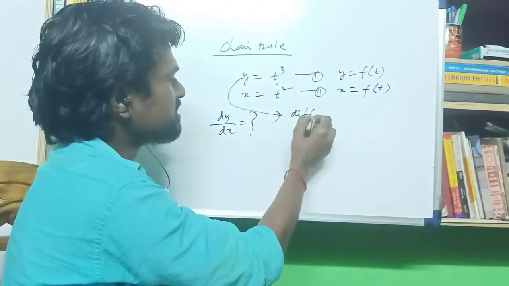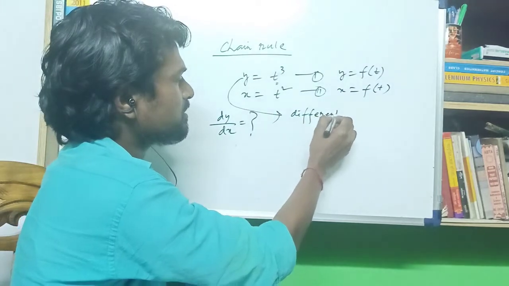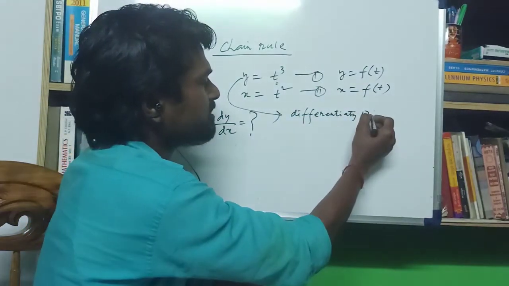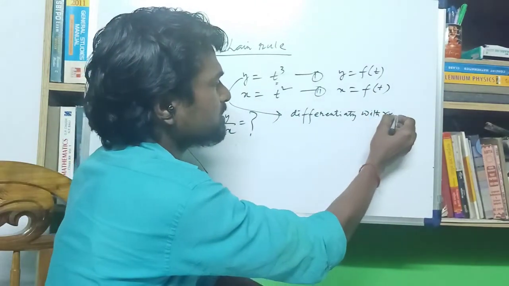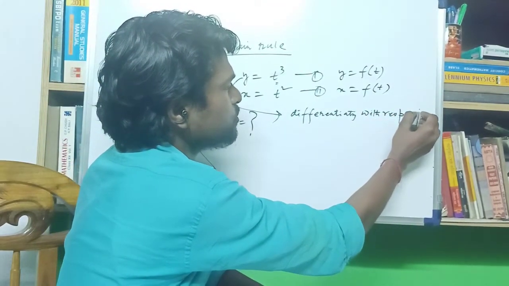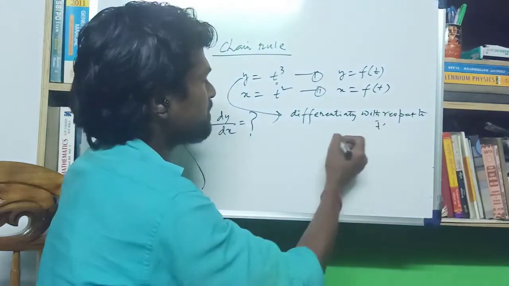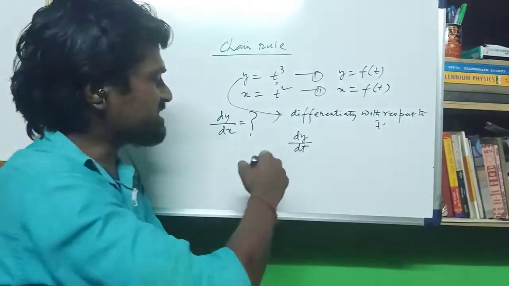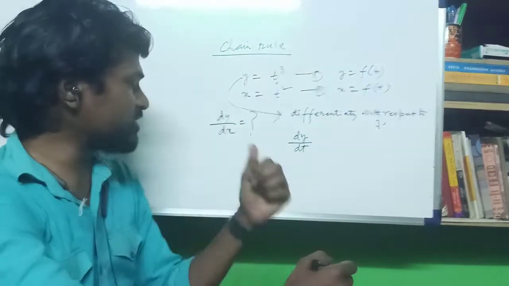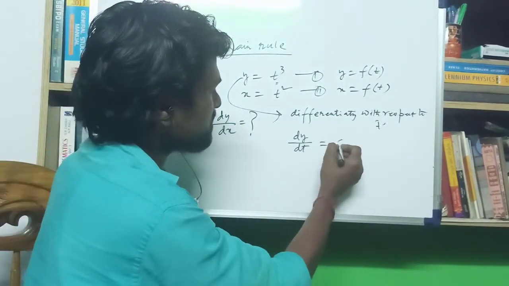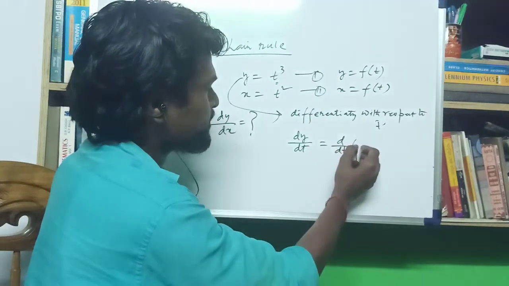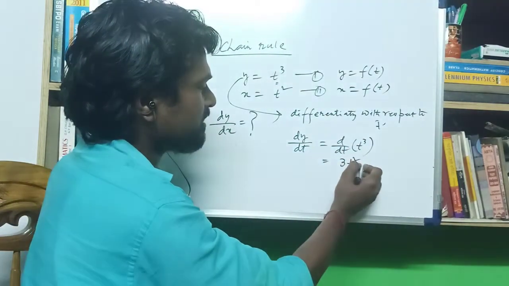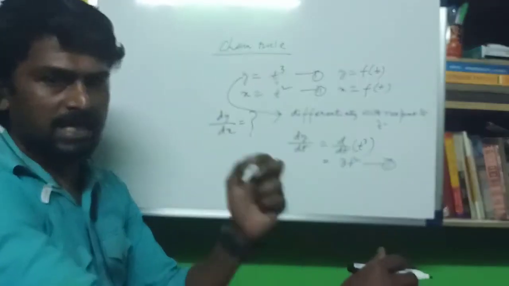Differentiating with respect to t. The first one is dy by dt, meaning d/dt of y equal to d/dt of t cube. So t cube gives 3t square. This is the rule for algebraic functions.